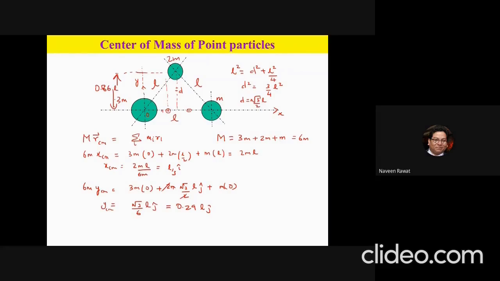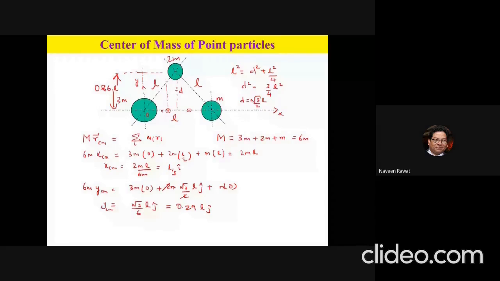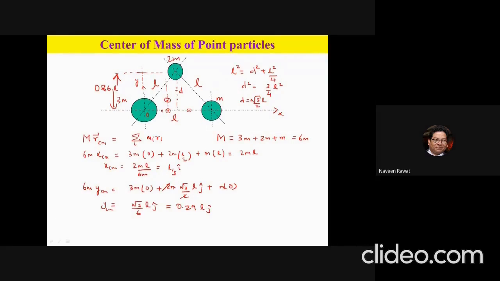Now I am at 0.29, and 0.86 divided by 0.29 is just 3 times, so this is 1/3 of the value of d, right here somewhere along this line. So that point right there, which I have just drawn, is my value for the center of mass.